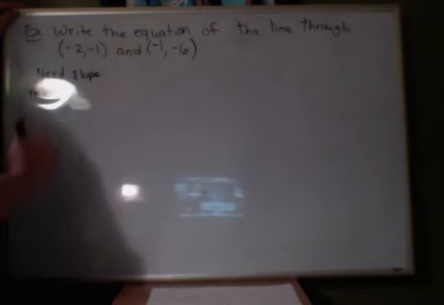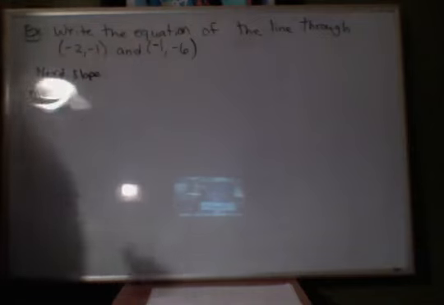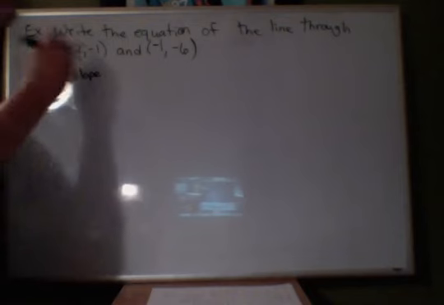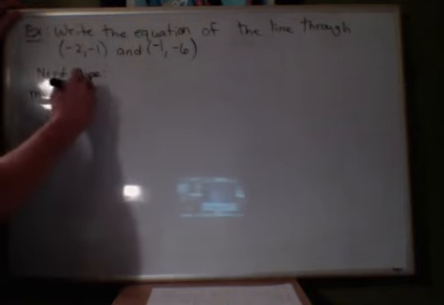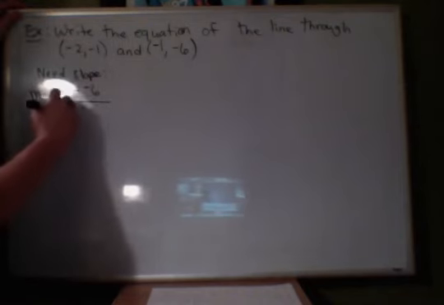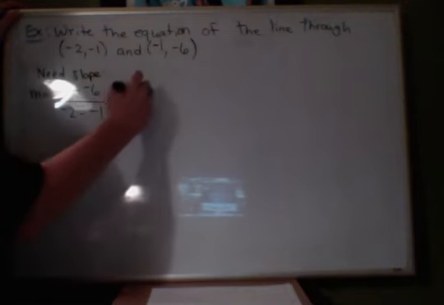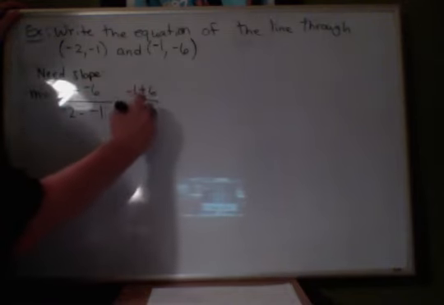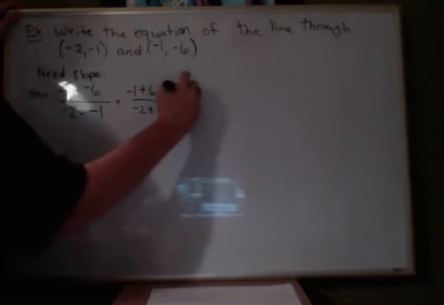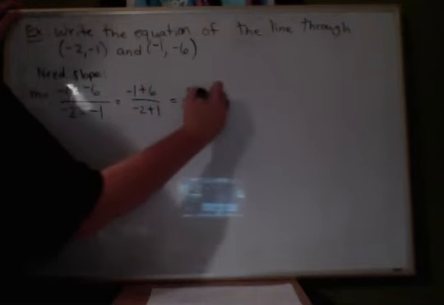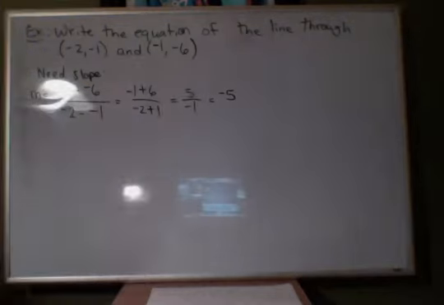So m equals, again, it doesn't matter which order you subtract as long as you're consistent on the top and the bottom. So I'm just going to go with -1 minus -6 over -2 minus -1. Well, that's really -1 plus 6 over -2 plus 1, or 5 over -1, which is simply -5.